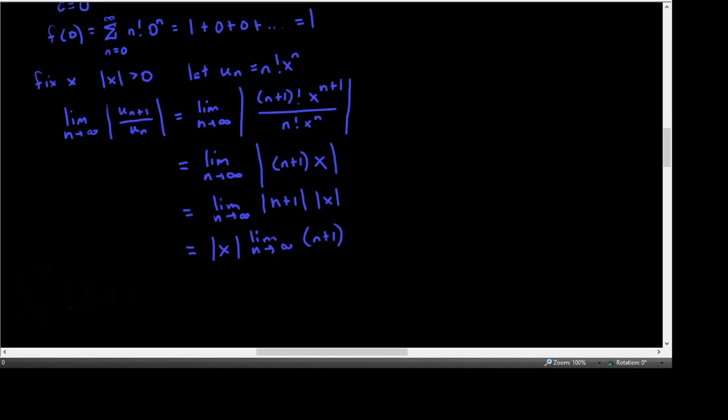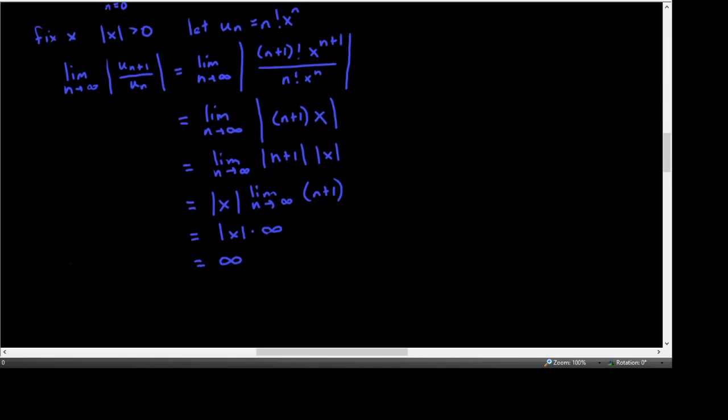And as that heads toward infinity, this will become the absolute value of x times infinity plus 1, which is infinitely large. And any constant, absolute value of x would just be some number, times infinity is going to be infinity. Especially if we've taken the absolute value, we know it'll be positive infinity, by the way. So that means that what we've used is the ratio test.